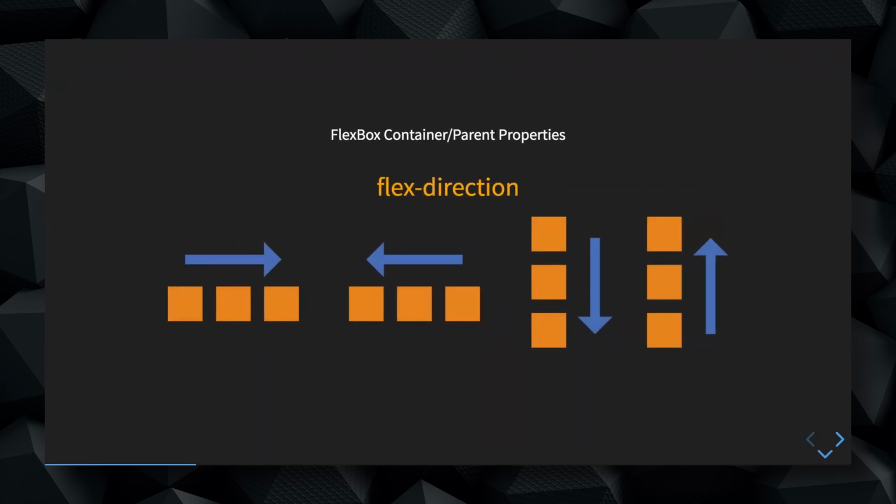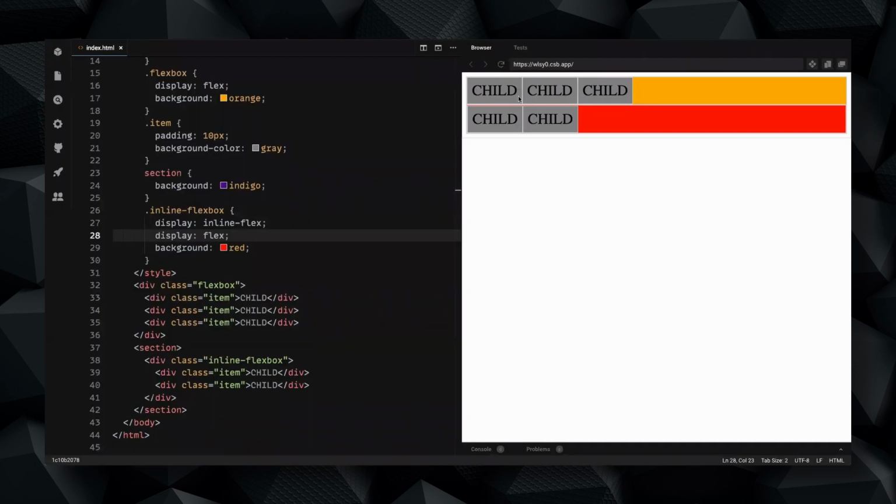Now, let's go to another property, the flex direction. So remember that when we enable the display flex on a parent element, the items started aligned here at the left of the main axis.